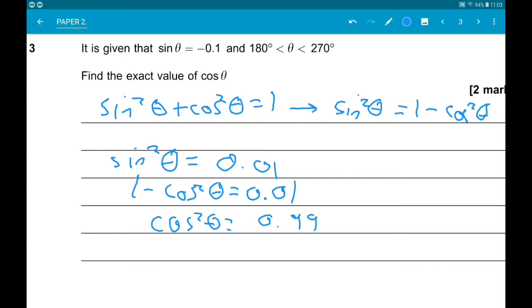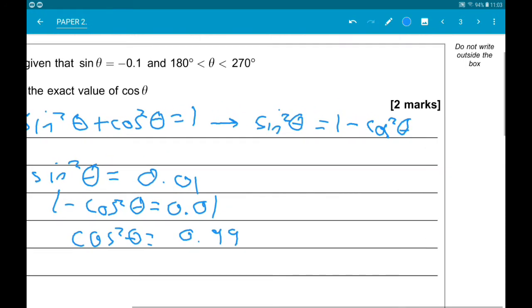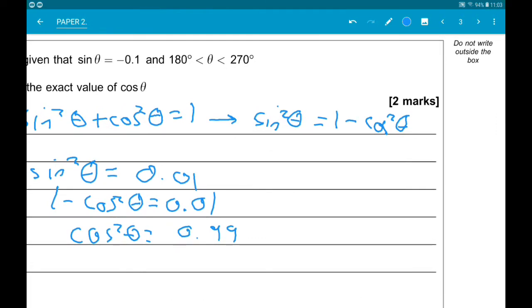So cos between 180 and 270 looks like that.